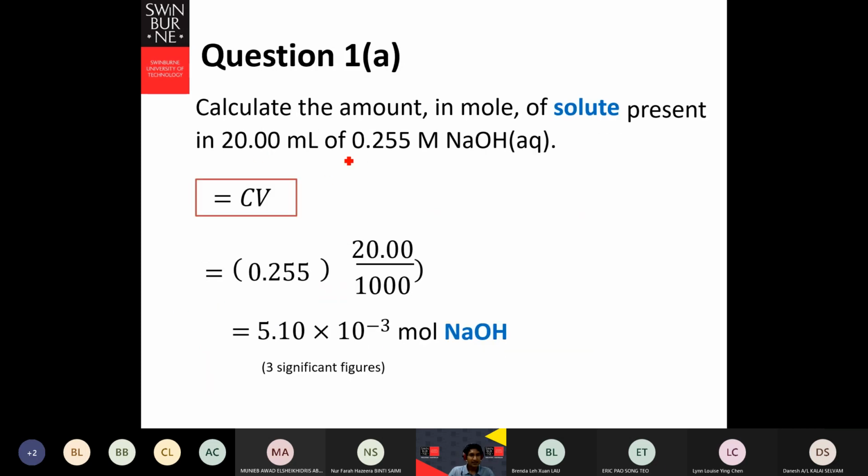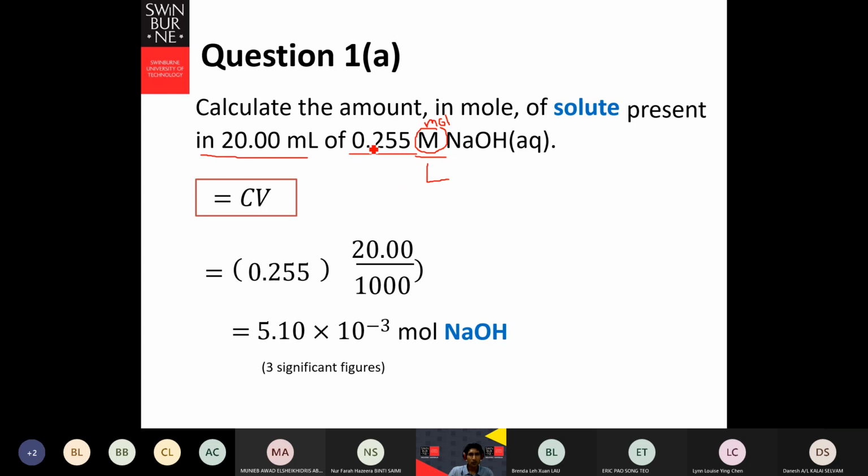So now it says to calculate the amount in mole of solute present in 20 milliliter of 0.255 molar sodium hydroxide solution. 0.255 molar sodium hydroxide means 0.255 mole in 1 liter of sodium hydroxide solution.